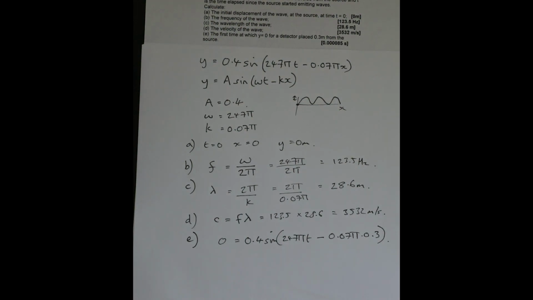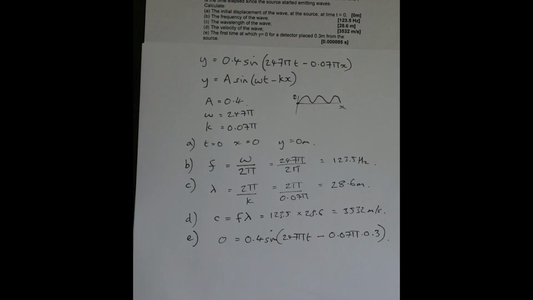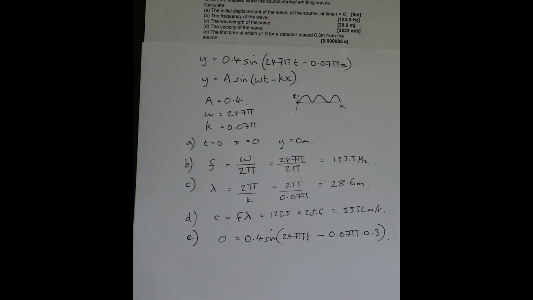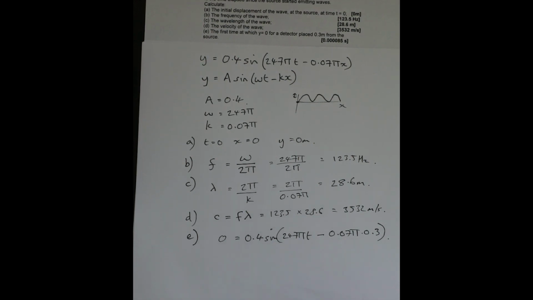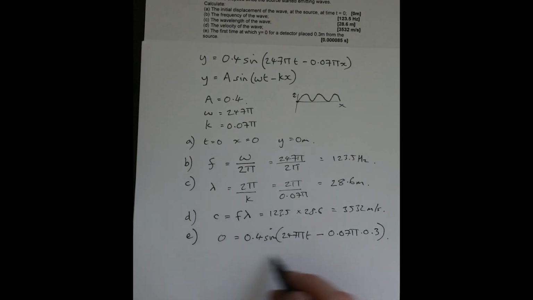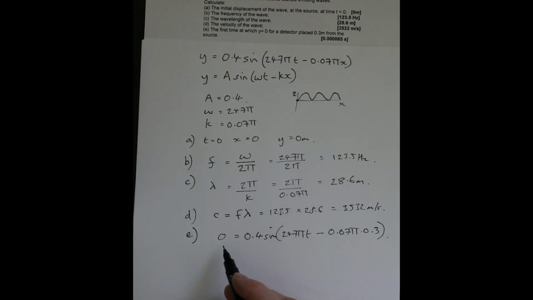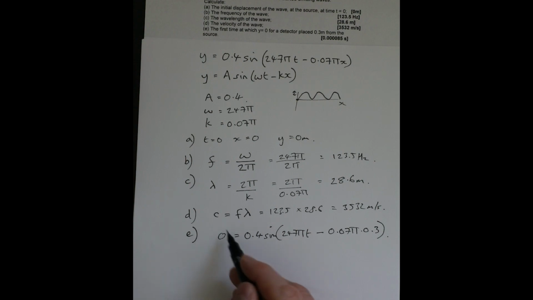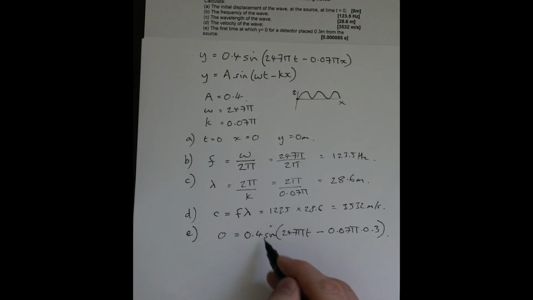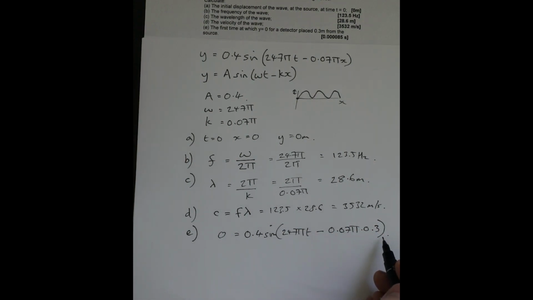So basically what we need to do is rearrange this in terms of t. But a kind of shortcut is that for this equation to be true, for the y value to equal 0, this sine function here has to equal 0.